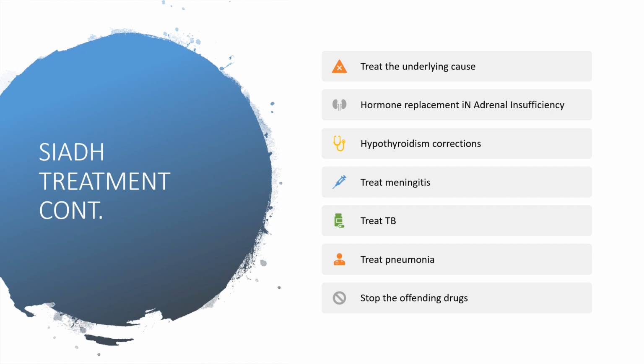Is this hypothyroidism? Let's correct appropriately. Are we dealing with meningitis here in any form? Of course, the neck stiffness, the rigidity, the fever, and other signs will point to that. So let's give appropriate antibiotics. If it is viral, let's handle appropriately.